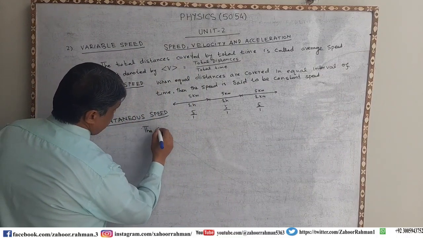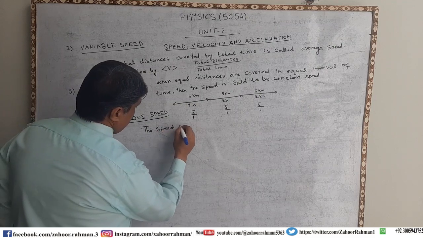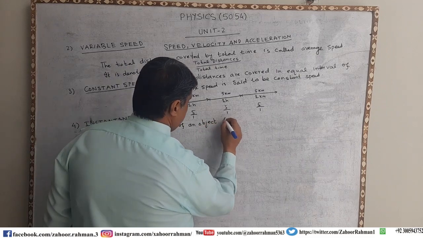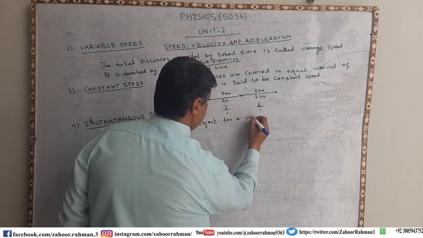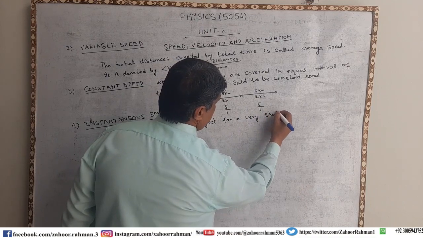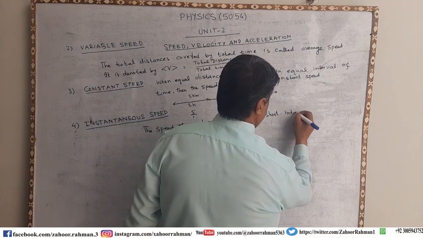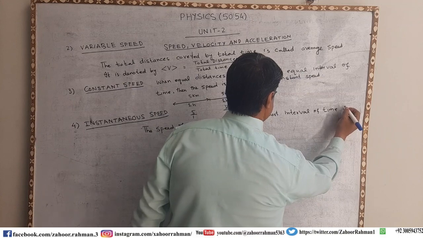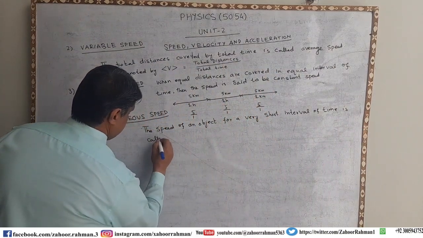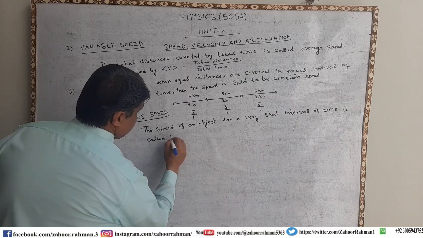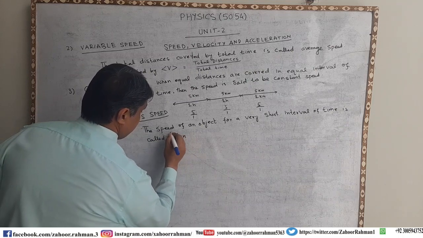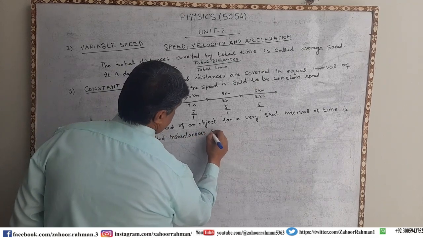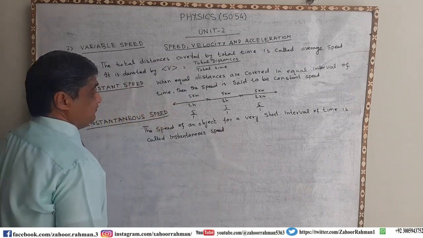The speed of an object for a very short interval of time is called instantaneous speed. This is the first definition.